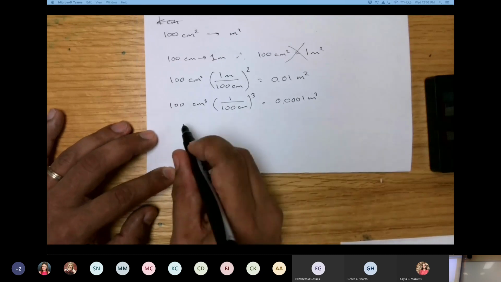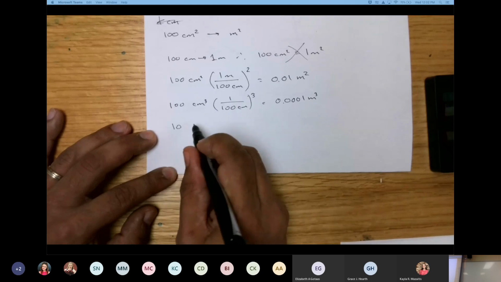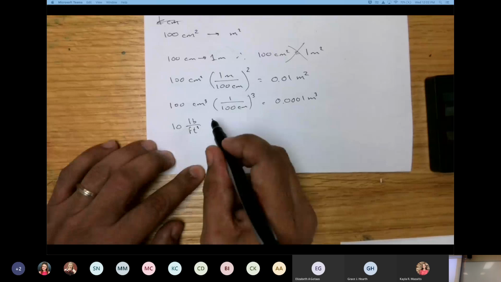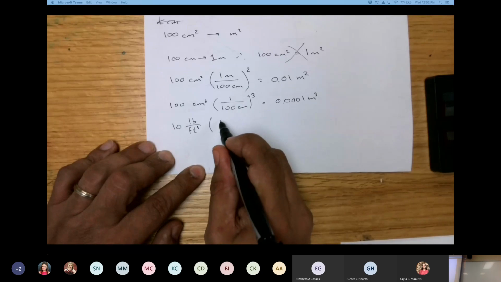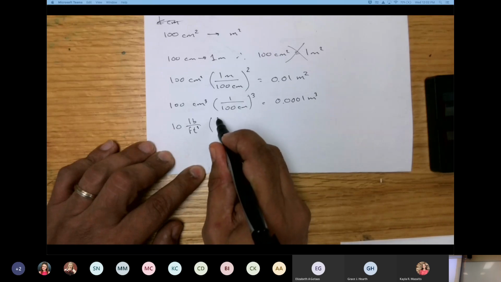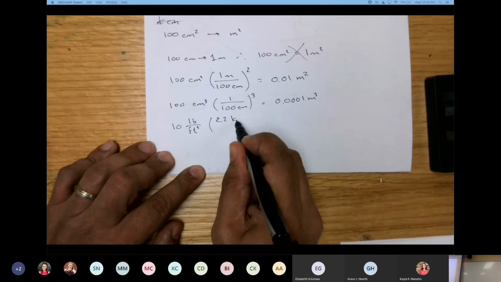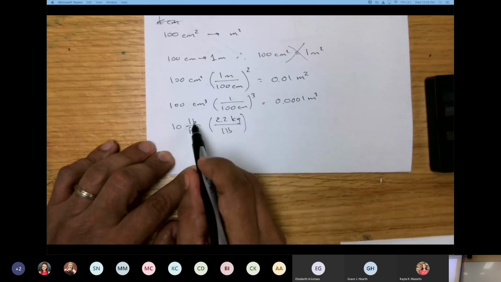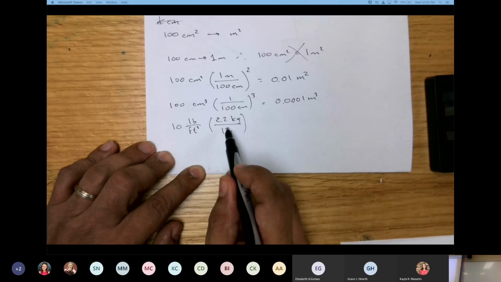So if you have 10 pounds per cubic feet, well, you have 2.2 kilograms is 1 pound. There's no exponential on the pound, so that one stays like that. But feet have the cube.